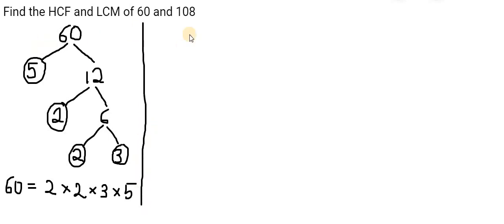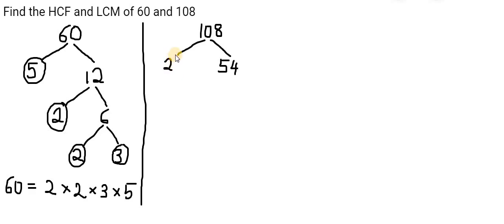Now, we go to 108, much bigger, no panic. Now, some people from 108 can see 9 and 12. First thing I see is that it ends in an even number, so 2 is a factor. And so, the number that goes with 2 to make 108, that's 108 divided by 2, that will get you 54.